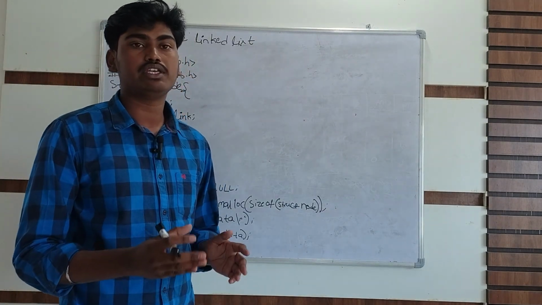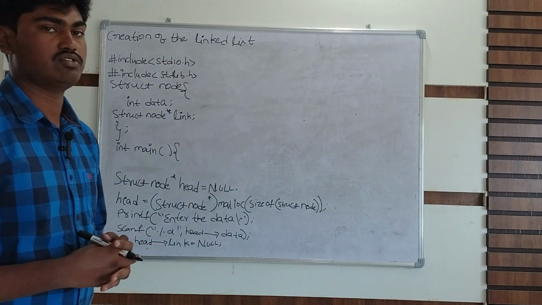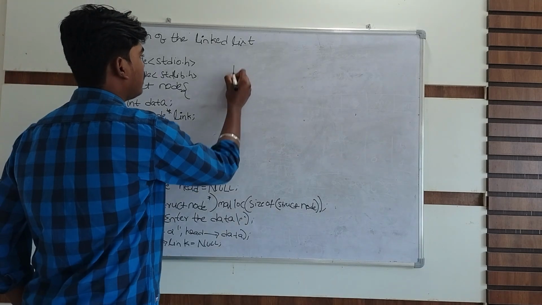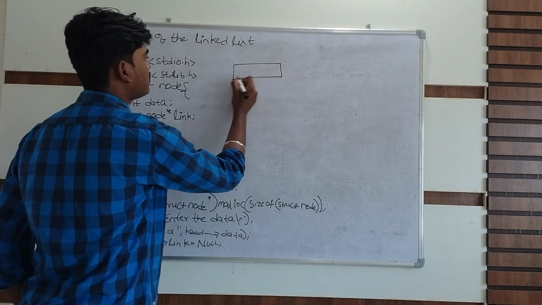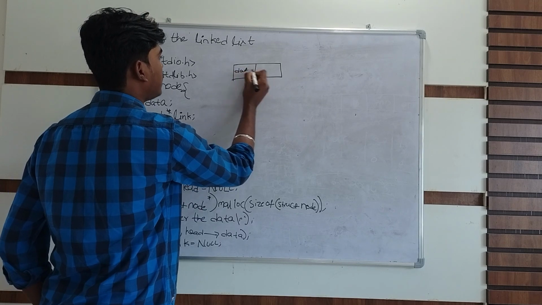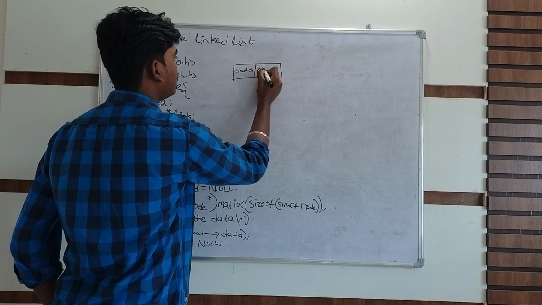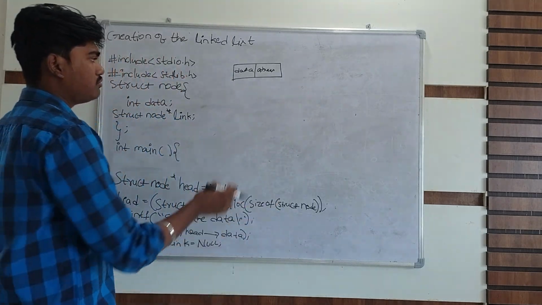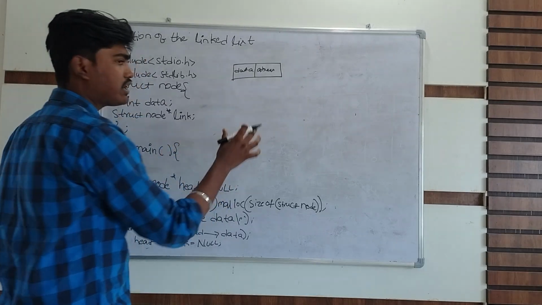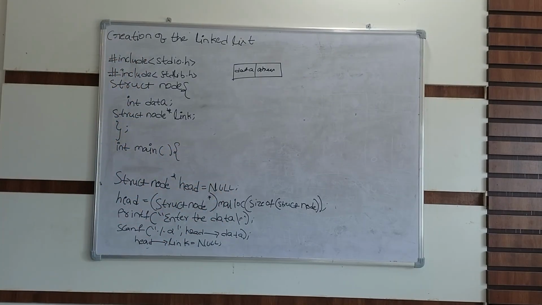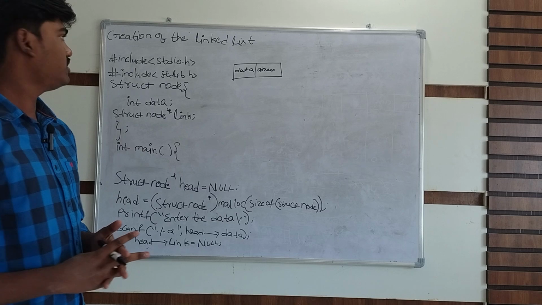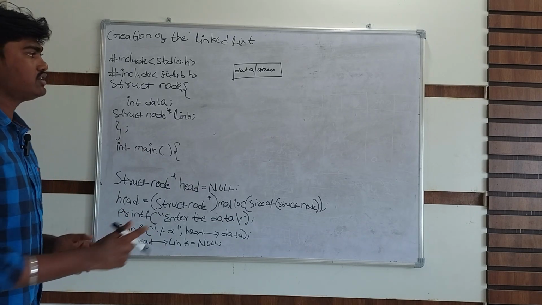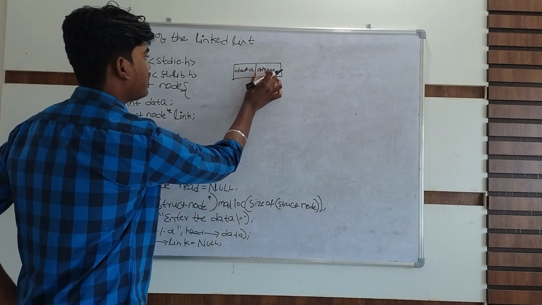Now we are going to the basic code of the linked list, the basic creation code. Now we know a node consists of two parts. One part is the data part, another part is the address part. In the previous video we discussed that the node contains the data part and address part.